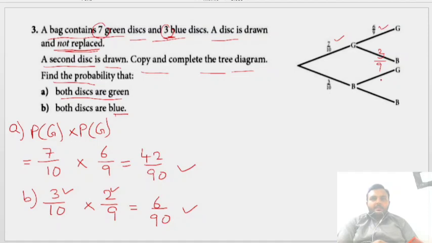So this green is 7, so it must be 6. So blue, green, it must be 7 tenths, 7 ninths, because one blue has been taken. So when one blue has been taken over here, then also 2 upon 9 here. So hope you understand that question. We'll see the next question in the next lecture.